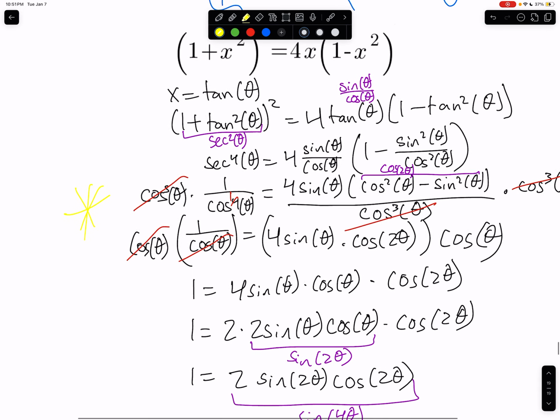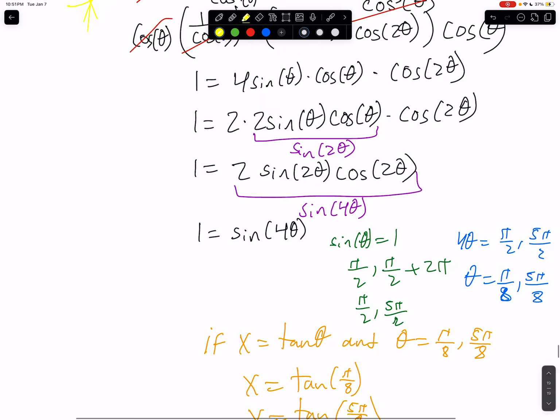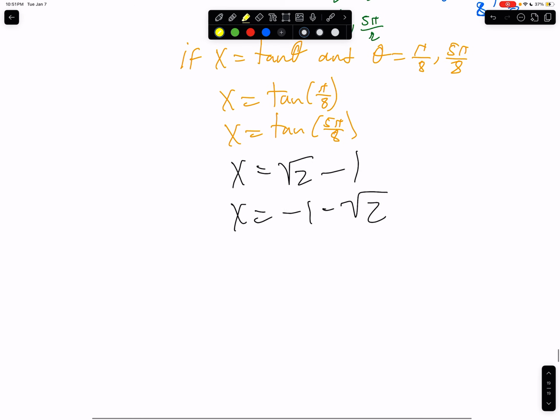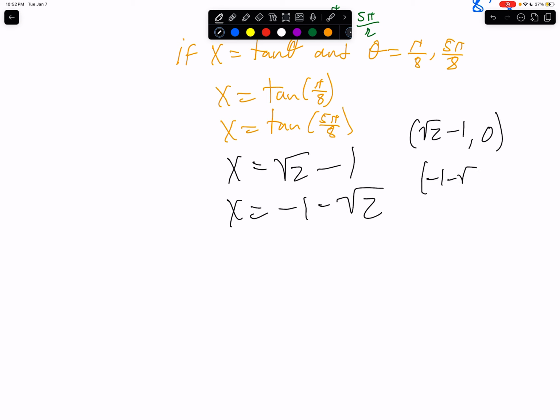Now, we're talking about the canceling out with the cosine. I definitely think that contributed to losing some roots, and I have to look more into it, but luckily it worked out well. With there being an even multiplicity, there's a bounce at both of these points: root 2 minus 1, 0, and negative 1 minus root 2, 0.